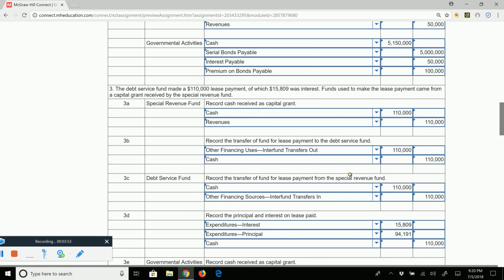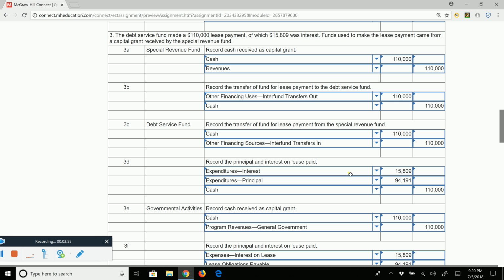All right, number 3, the debt service fund made a $110,000 lease payment. $15,809 of it was interest, and the rest went to principal. Funds used to make the lease payment came from a capital grant received by the Special Revenue Fund. So first, in the Special Revenue Fund, debit cash, credit revenues.